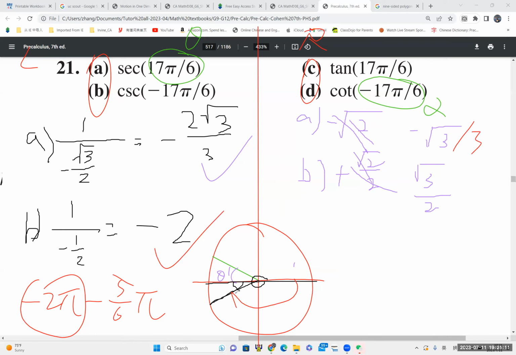Again, tangent is still this kind of value, but it is positive this time, so not this one. Suppose it's this. Okay.